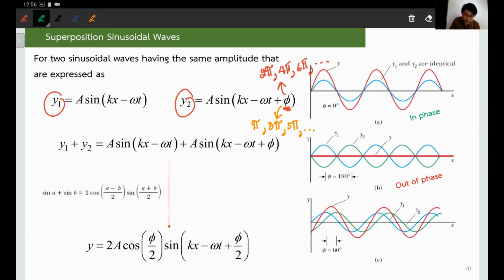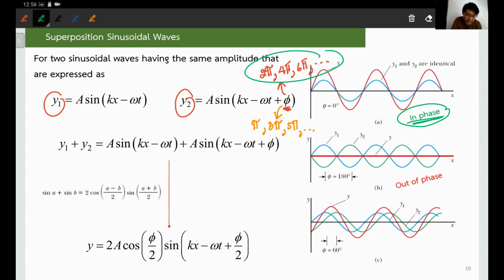So what I'm trying to say here is when the phase difference is an even multiple of pi, you get constructive interference. And we say these two waves are in phase. In phase, up and down in the same direction.